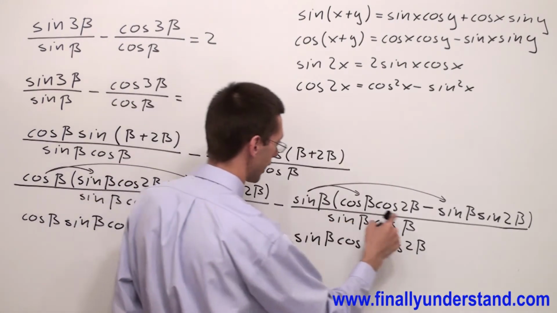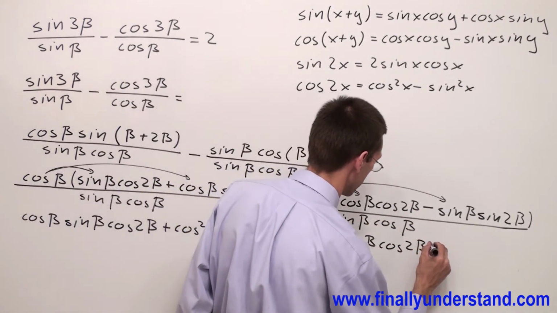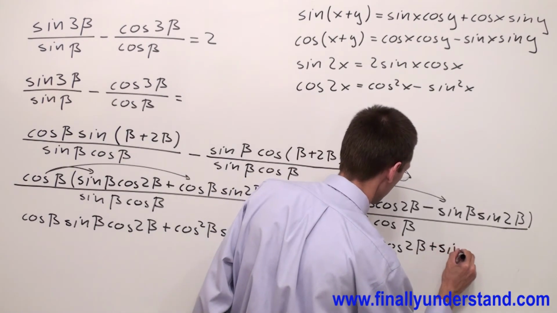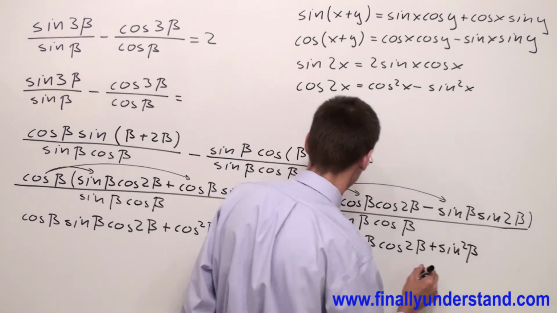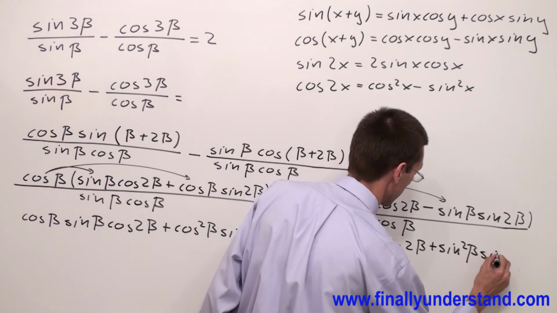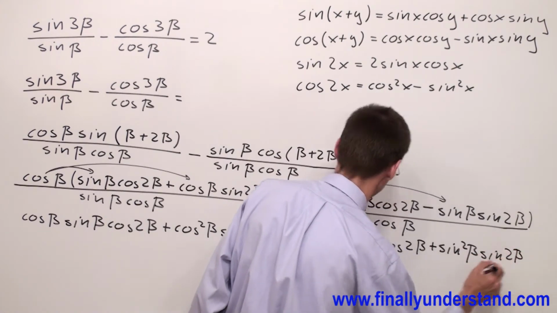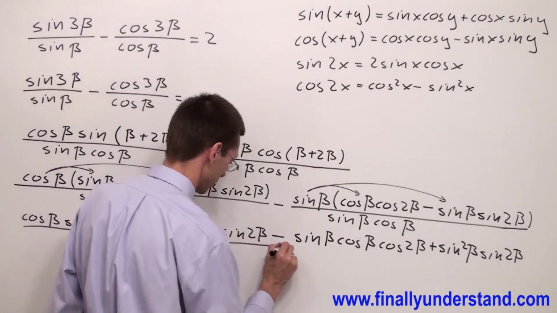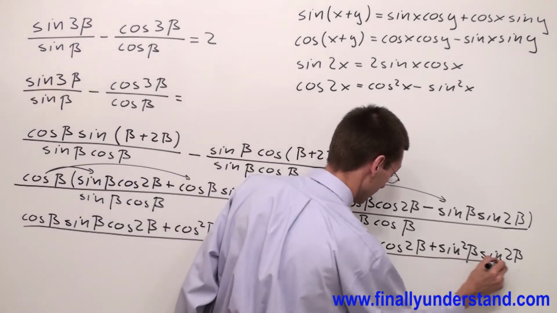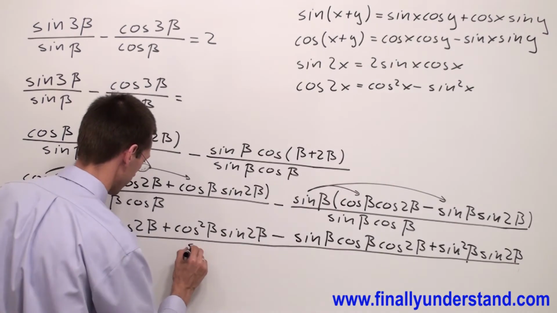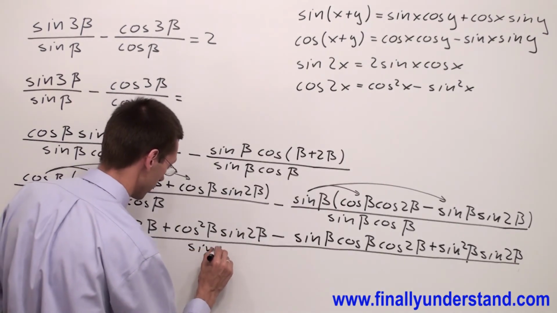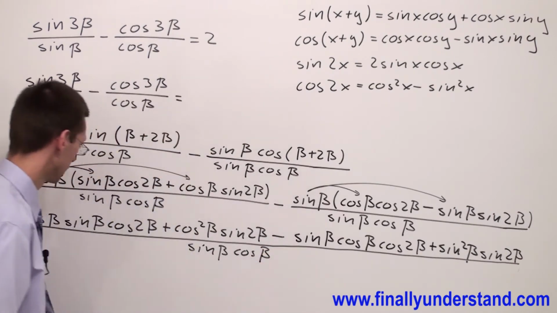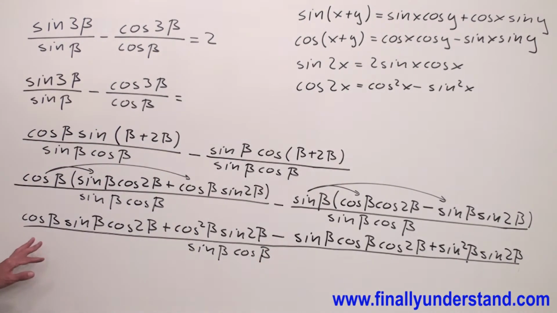Negative times negative gives me positive, and I'm going to have sine square beta, and I have sine 2 beta. Everything over sine beta cosine beta.